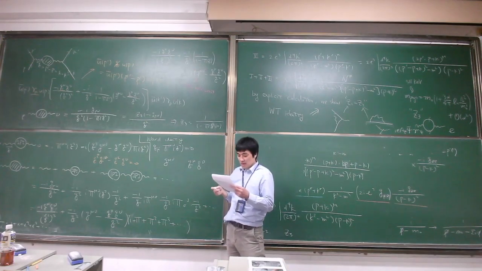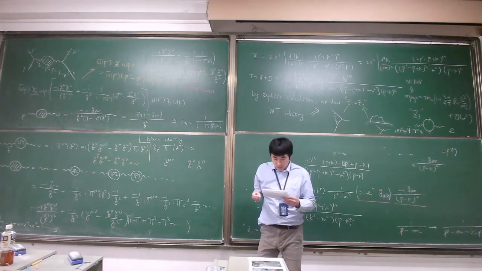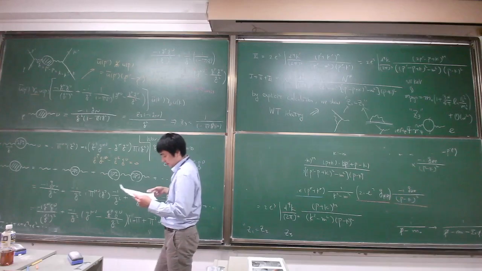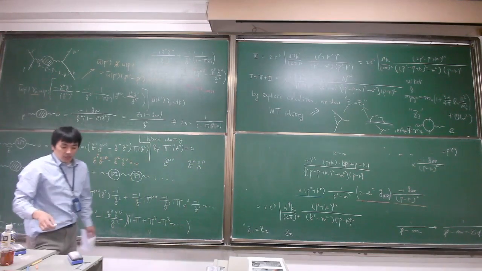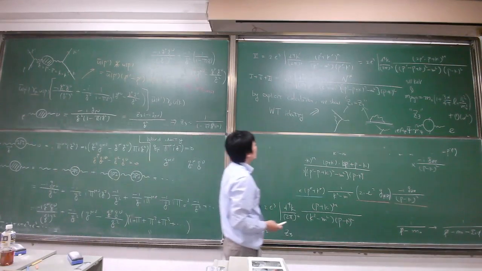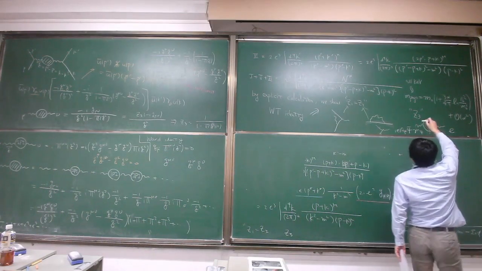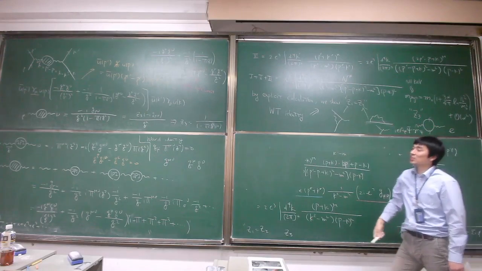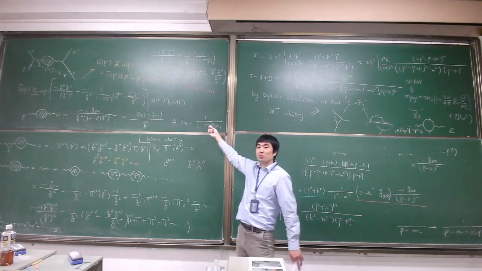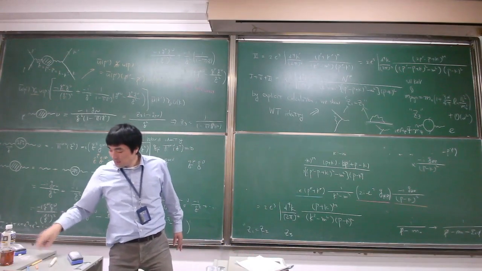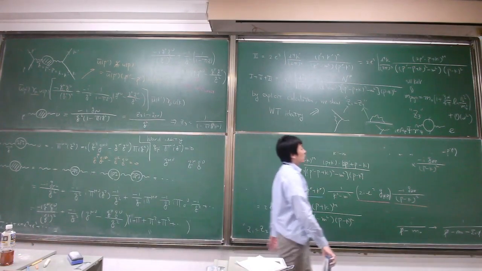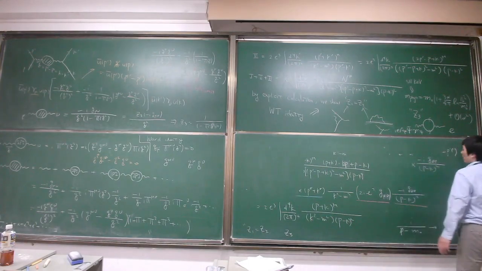So that can be understood as this one. Our goal is to compute Z3, so what we need to do is evaluate this pi. And before then, why it has to do with the running coupling constant.